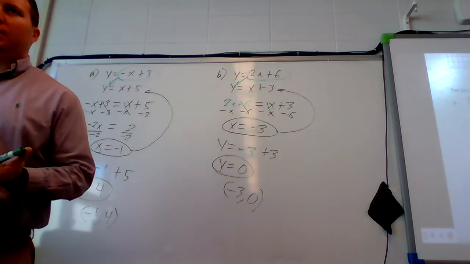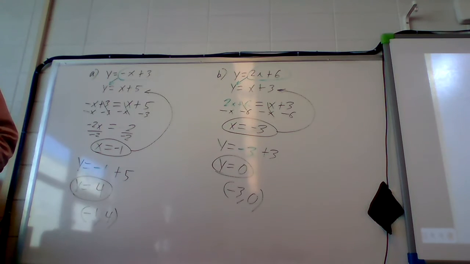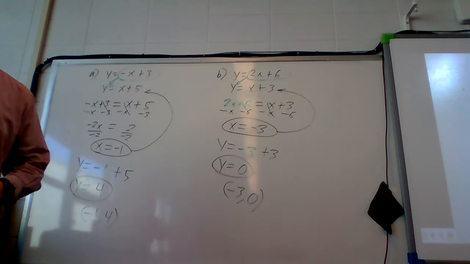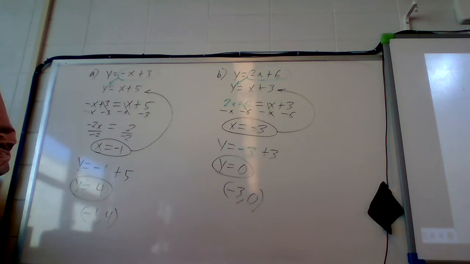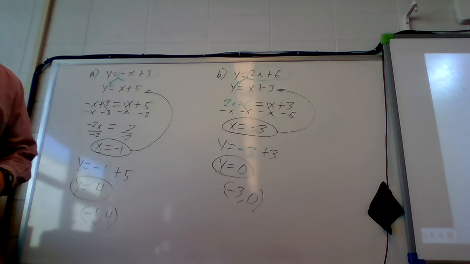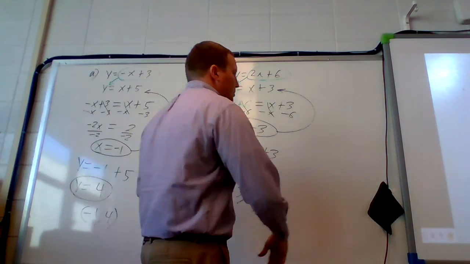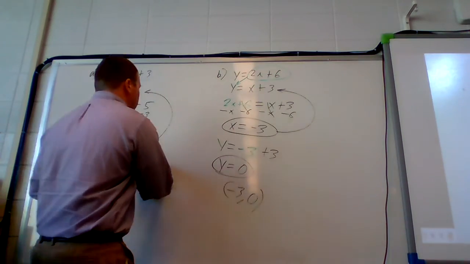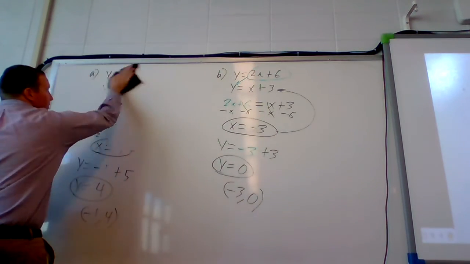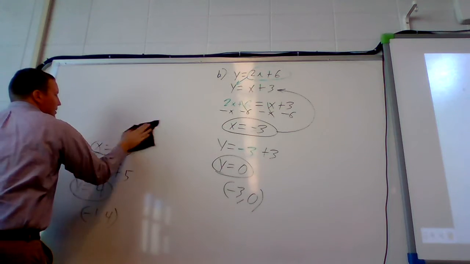So solving by substitution makes sense. And so let's look at a few more examples on the back side. So if we look at E, right? In this case, one of our variables is already completely solved for us.